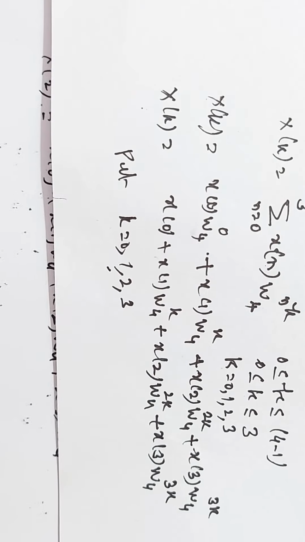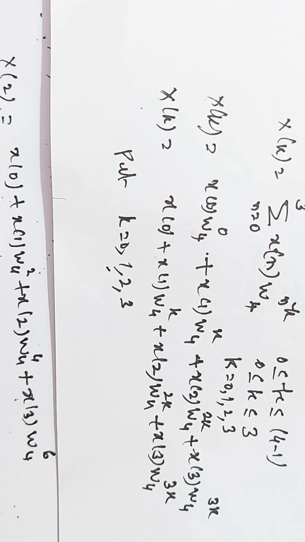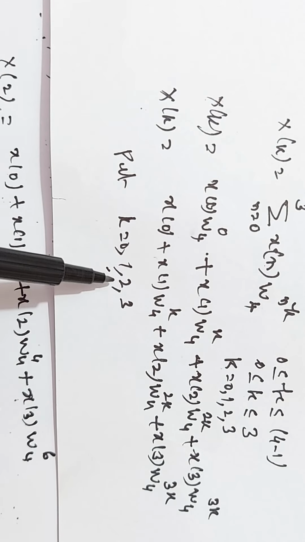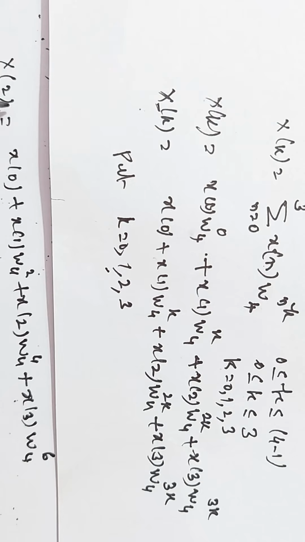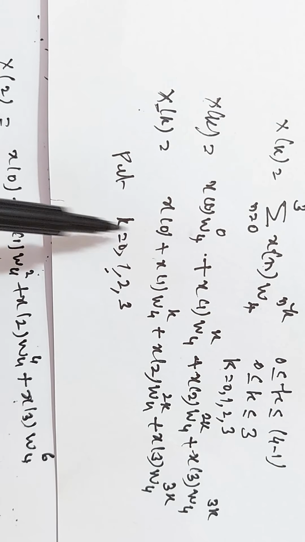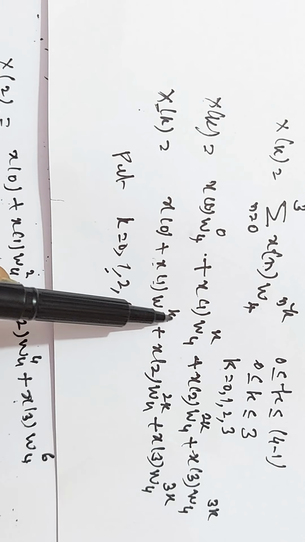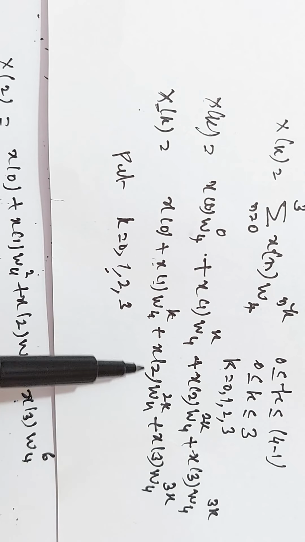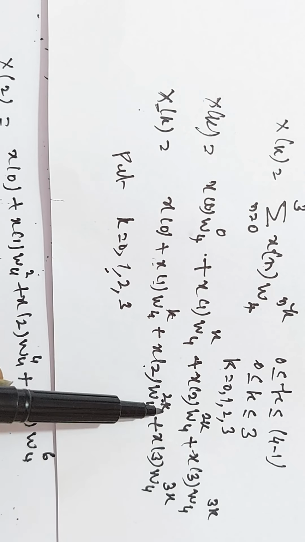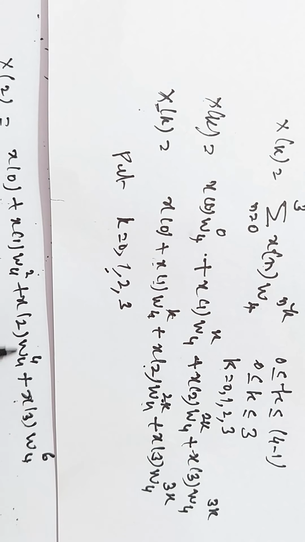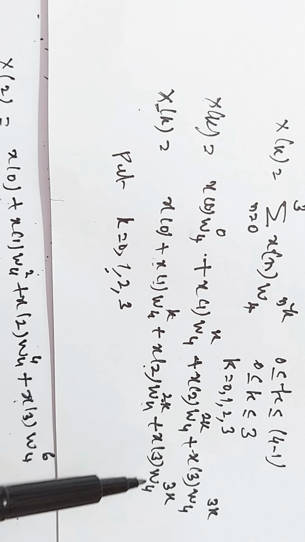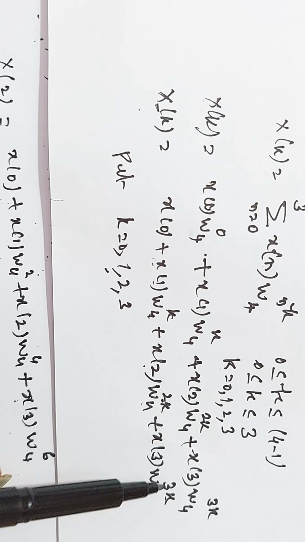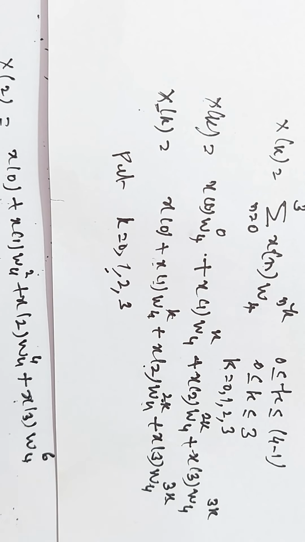And we know, when k equals 2, X of 2 is equal to x of 0 plus x of 1 into W4 2 plus x of 2 W4 4 plus x of 3 W4 6.